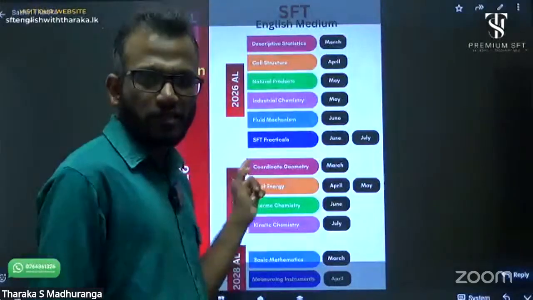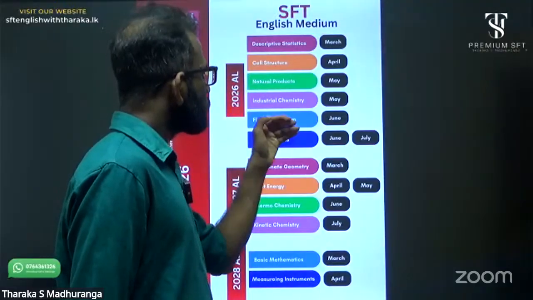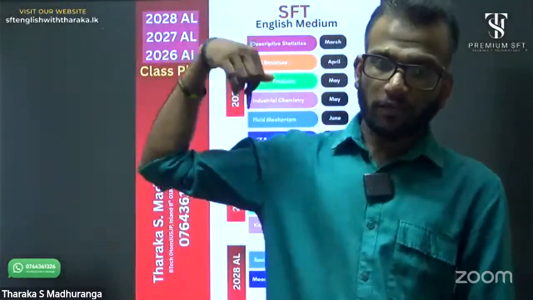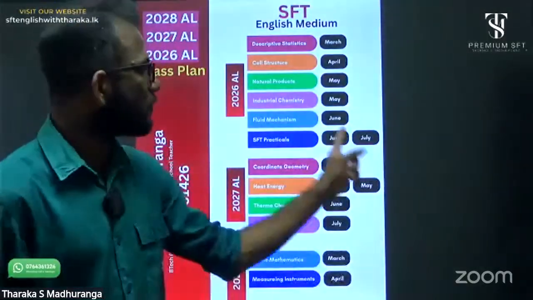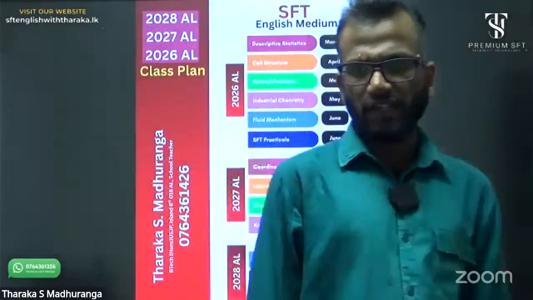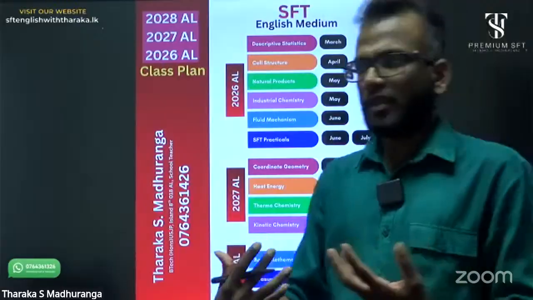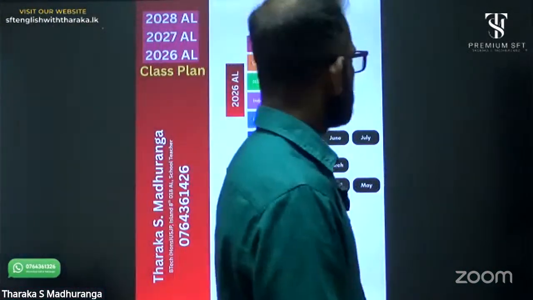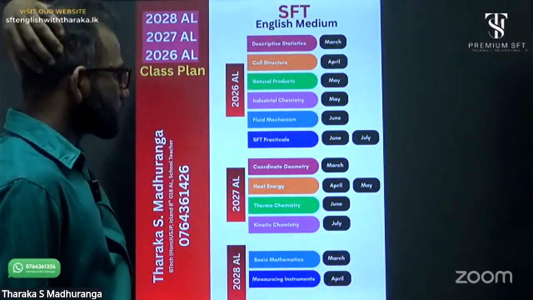Within April, we can complete cell structure, then natural products, industrial chemistry, fluid mechanics, and another lesson I forgot, environmental chemistry. That's the end of your syllabus. In our practical sessions, I hope to discuss ICT lessons, Word, Excel, PowerPoint, basic Excel package, and other applications. Okay, this is our plan.